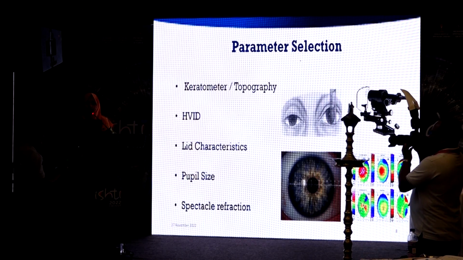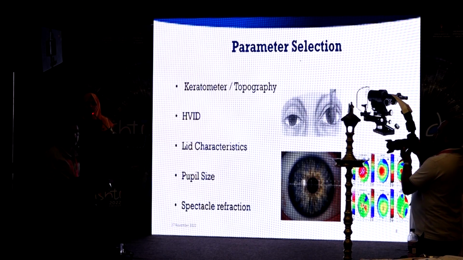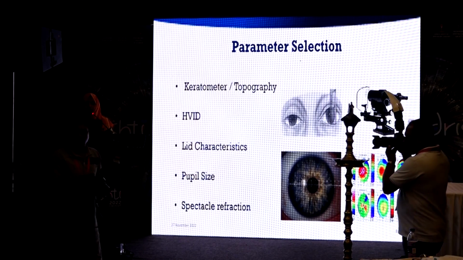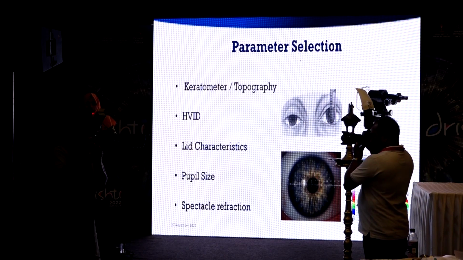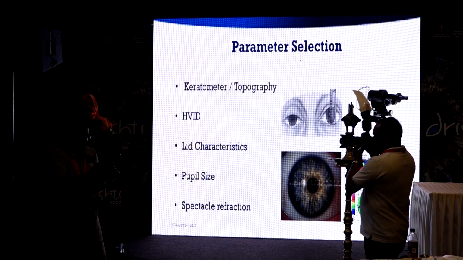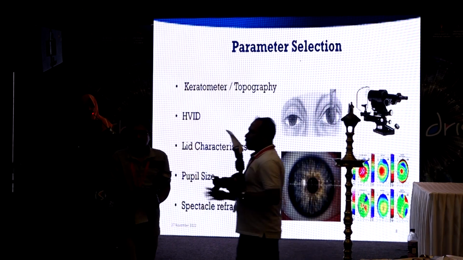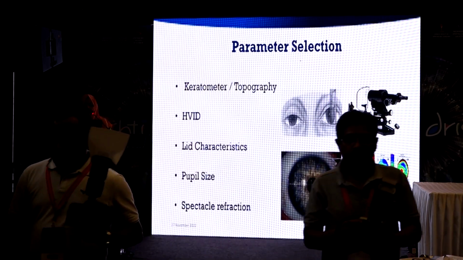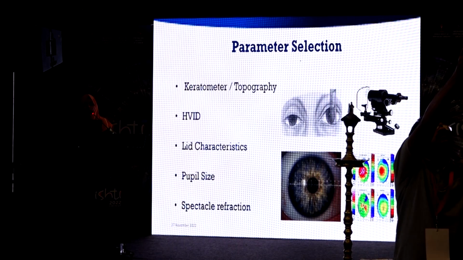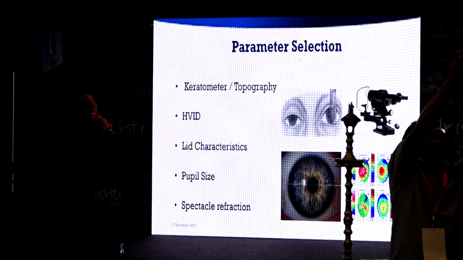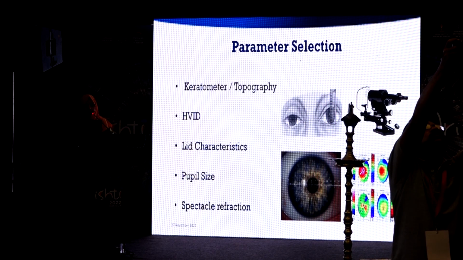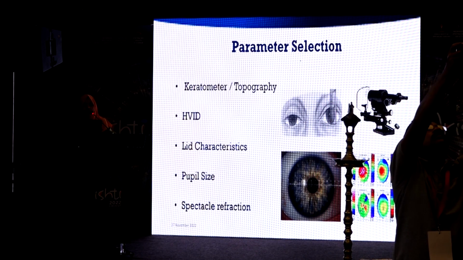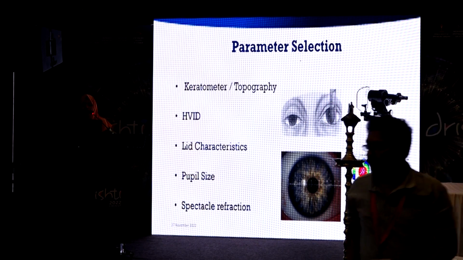HVID is for selecting the corneal diameter, and it is simply measured with a millimeter scale from limbus to limbus. Then the lid characteristics, whether the lid tone is very loose or tight, can be understood, and the palpebral aperture height can be measured with a millimeter scale. It varies with ethnicity, from Caucasian to Asian.